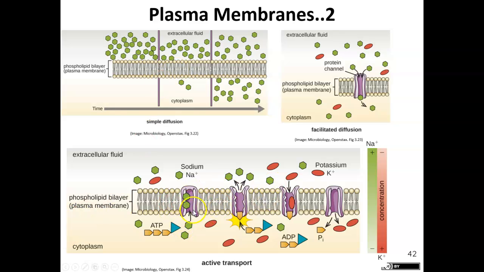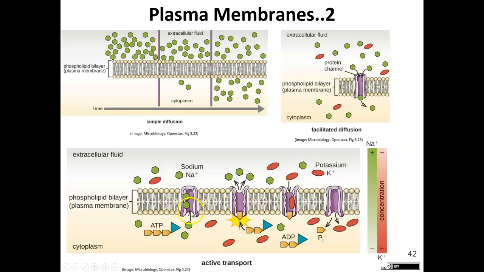We also have pumps. So a pump, a solute pump, is a pump that allows molecules to move against their concentration gradient using energy. And so here we have ATP. ATP is the energy currency that our cells use. And this is showing a sodium-potassium pump.